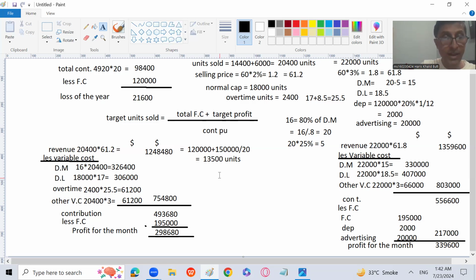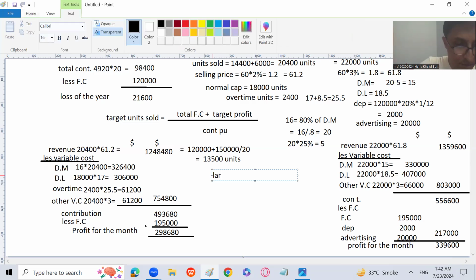in option A, you can write that we have a larger share and increased production. We have increased production from the larger share, right? Then the second thing is this, that because selling price has increased, it means that sales may decrease because the workers are working overtime.